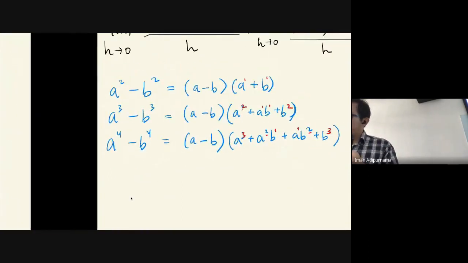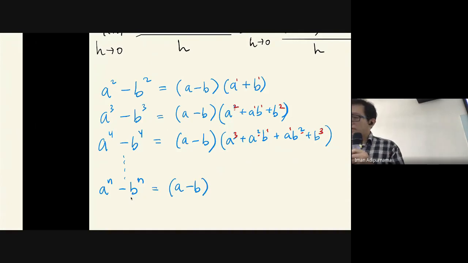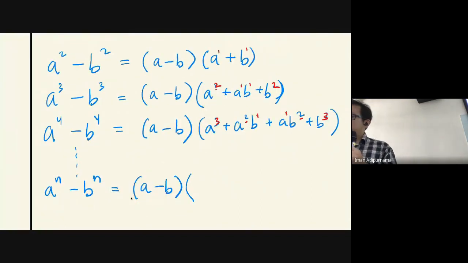So I will just go directly to the conclusion. If we have A to the n minus B to the n. Every time in the examples above, the first power of A should be less than n by 1, right?